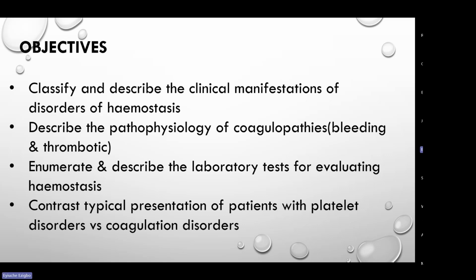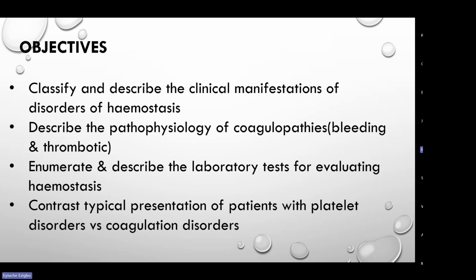The objective of this class is for you to be able to classify and describe clinical manifestations of disorders of hemostasis. I'll try to give you a summary of how you go about looking out for what will make you able to grasp and describe a disorder as fast as possible. Once you have grasped the basic understanding, you should be able to put it together in any situation.